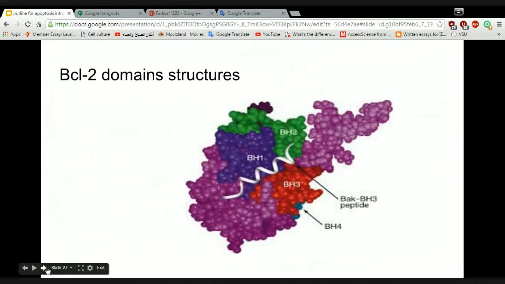BH domains 1 to 3 are responsible for forming hydrophobic grooves that bind pro-apoptotic relatives, while BH4 is responsible for binding the IP3 receptor, thus inhibiting calcium release from the ER.